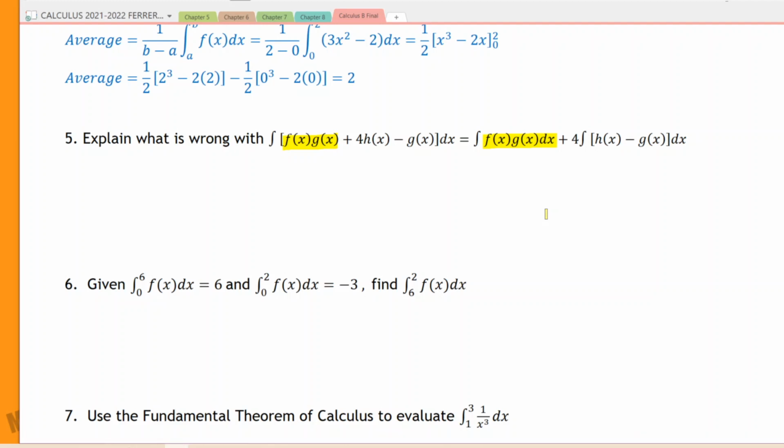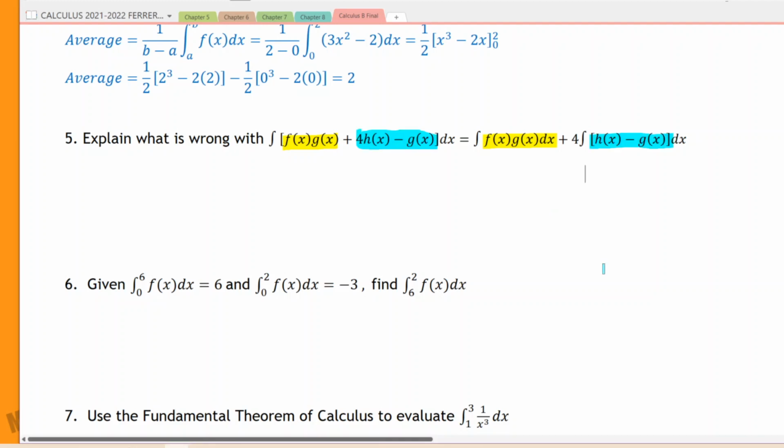I don't see anything wrong with that. And the next thing we have is 4 times the integral of h of x minus g of x. And I do see a problem there. That 4 was taken out of the integral. So either the integral is in the wrong place or we factored the 4 incorrectly.